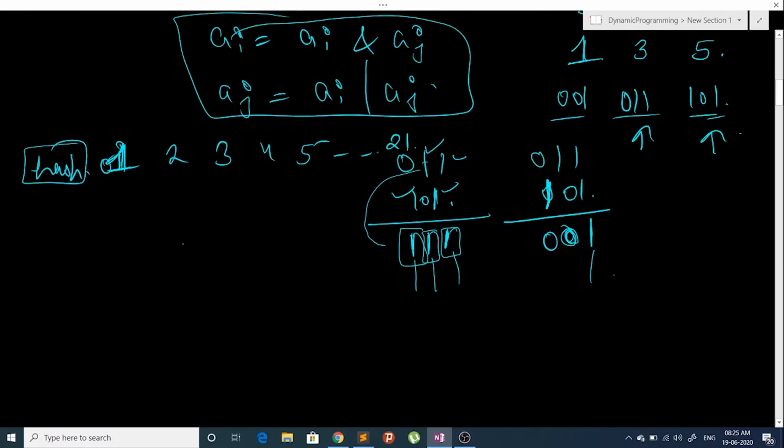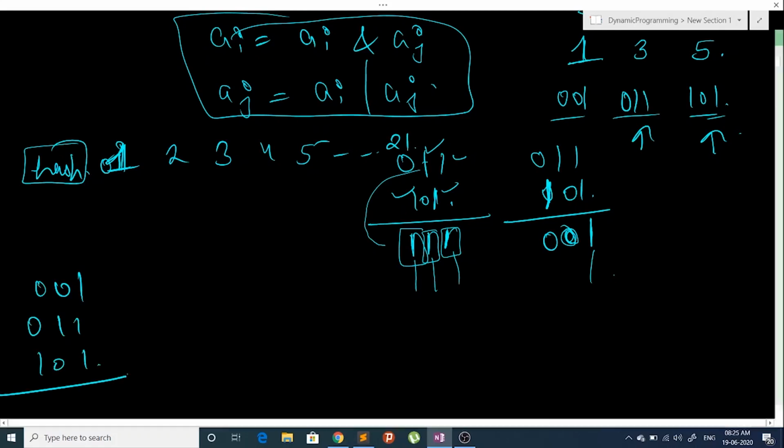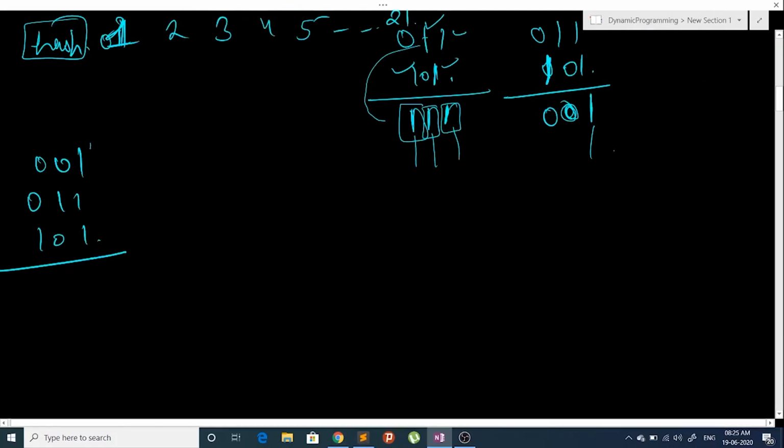For example, here 0 0 1, 0 1 1 and 1 0 1. So total bits at the 0th position are 3, so at 0 I will store 3. At the first position total bits are 1, so here I will store 1, and total bits at the second position are 1.